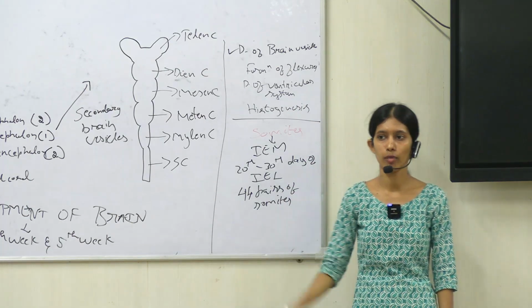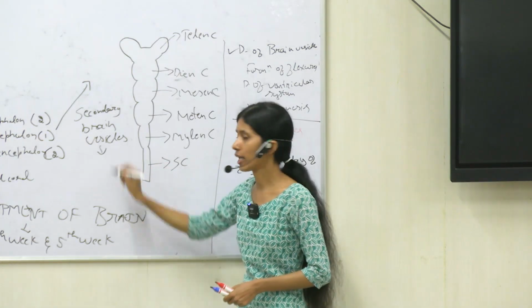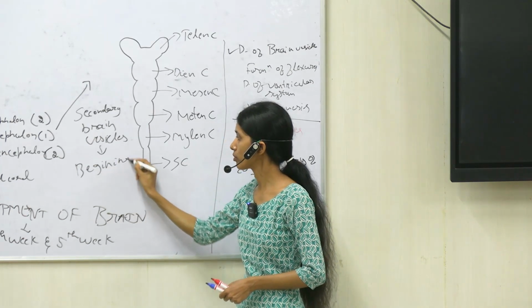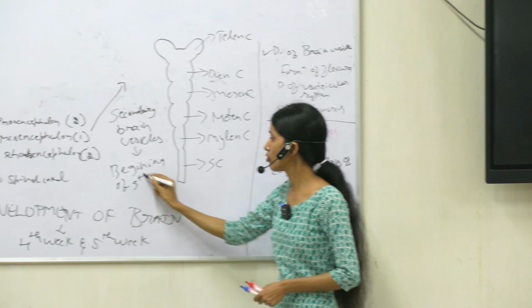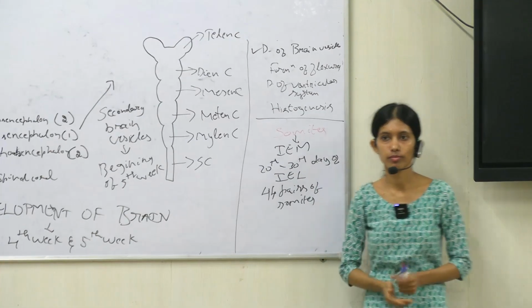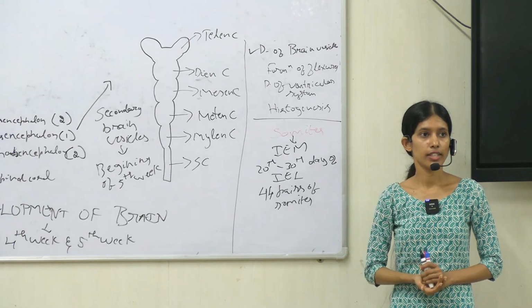This is how the development of your secondary brain vesicles will take place, and this can be seen at the beginning of the fifth week. Any doubts?